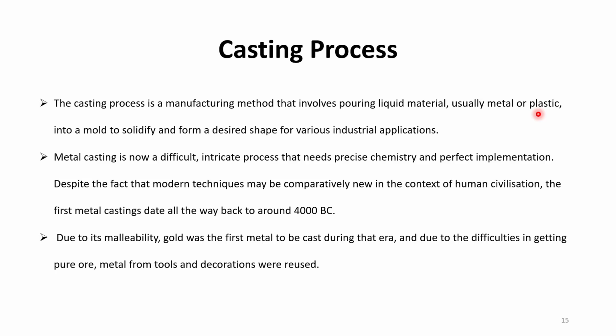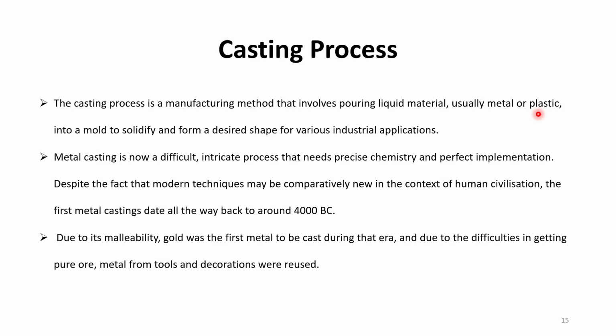Metal casting is a difficult, intricate process that requires precise chemistry and perfect implementation. Despite the fact that modern technique may be comparatively new in the context of human civilization, the first metal castings date all the way back to around 4000 BC. Due to its malleability, gold was the first metal to be cast during that era.